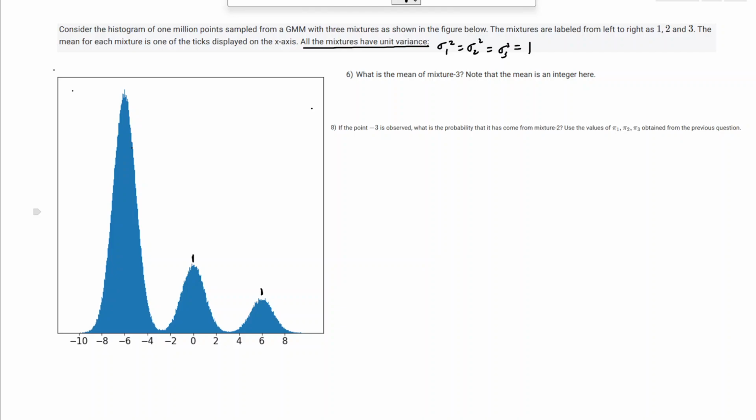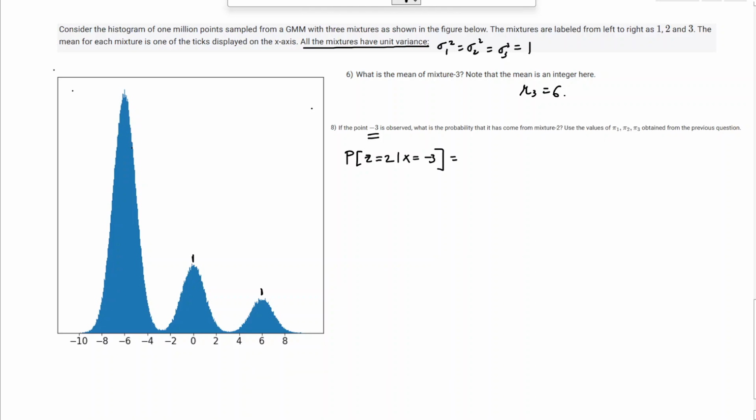So it can be easily observed from the diagram that the mean of mixture 3, mu 3, is nothing but 6. The next question is, if the point -3 is observed, what is the probability that it has come from mixture 2, right? So this is nothing but the probability that this particular data point belongs to the second mixture, given that it is observed, given that x is equal to -3, right?